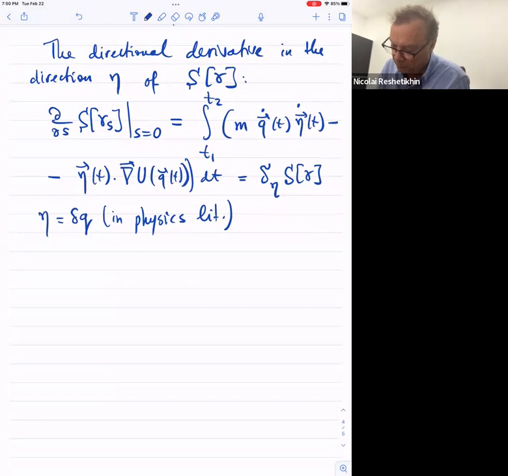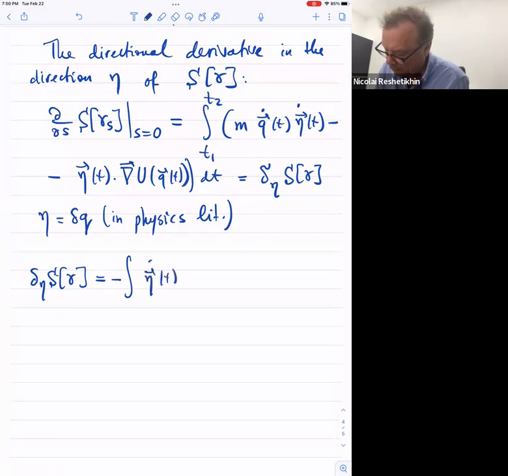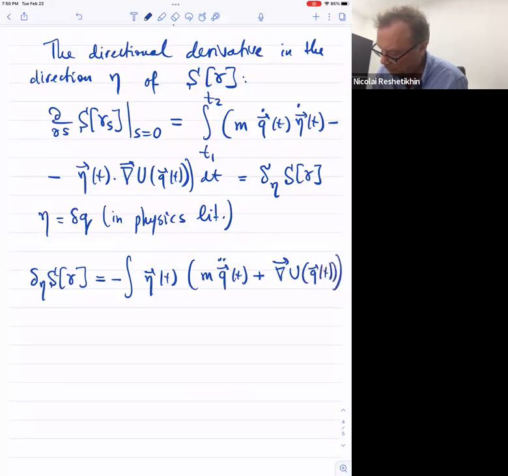So now we can write this variation simply by using integration by parts in the first term. We can write it as minus the integral of eta t times (m q double dot t plus the gradient of u at q t) dt from t1 to t2.